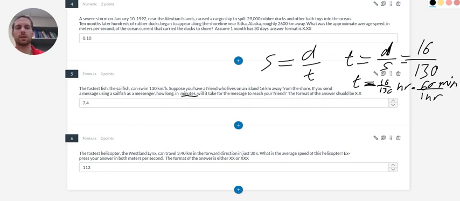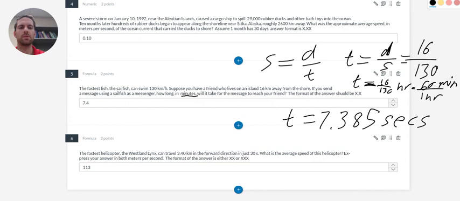We're going to get a time value of 7.385 minutes. And I think it's x.x, so it's 1 decimal. So it's going to be rounded with this value. That's an 8. It's bigger than a 5. So we have to round that up to 7.4 if we want 1 decimal.